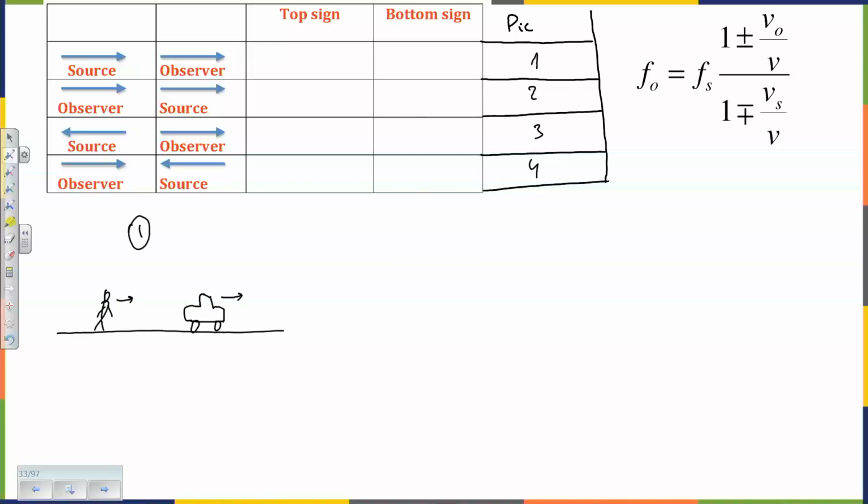Now, what's missing? A tree, which represents the ground, and a happy person looking at everything around. And what else is missing? A very important element.